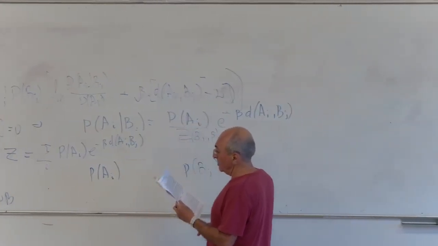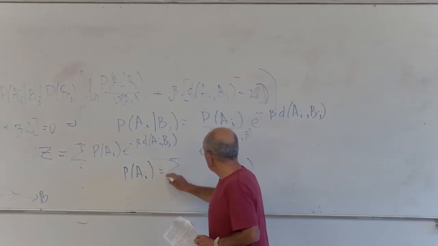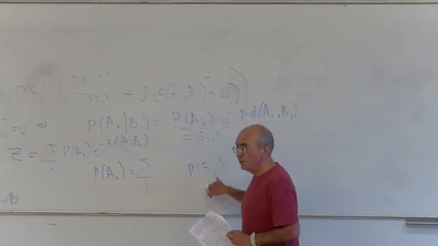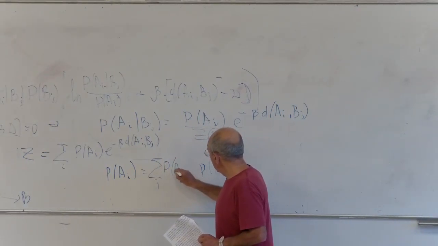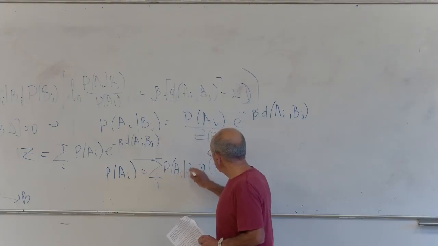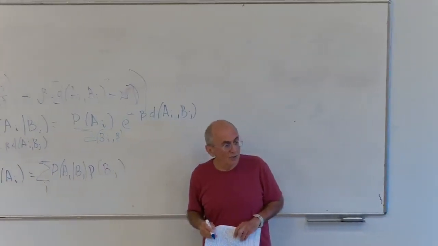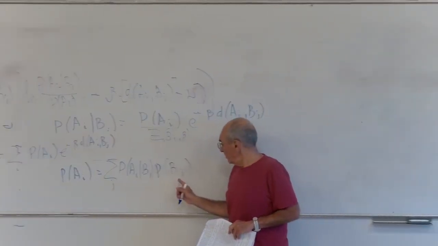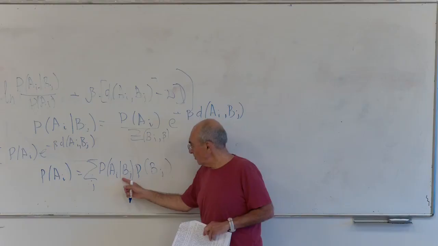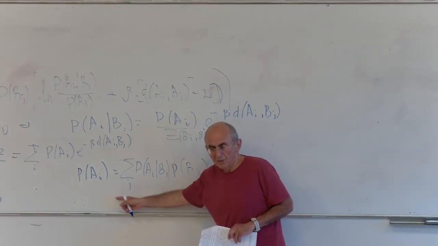So now I can write the chain rule, namely that I need to sum over all j and multiply by a probability of AI under a given bj, right? That's my chain rule. The probability of every AI is a probability of bj times the conditional probability, and sum over all j's, right?